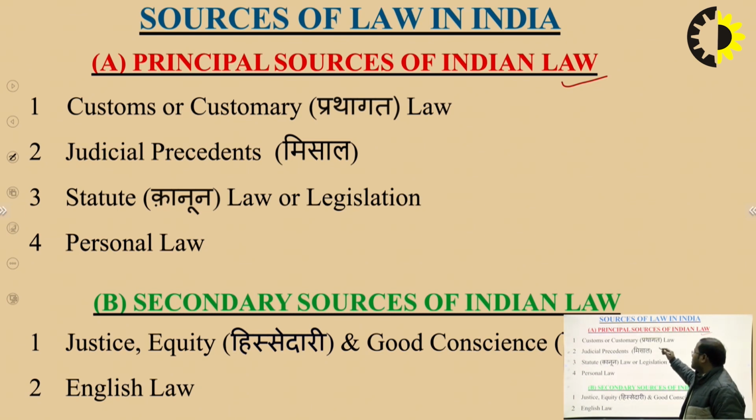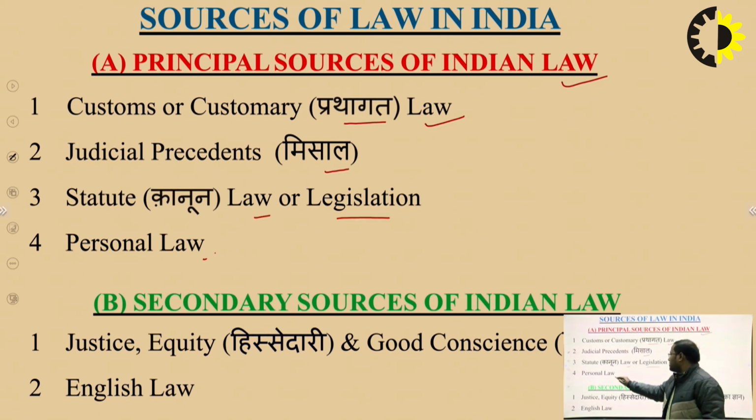First is customs law, also called customary law, in Hindi it is called prathagat. Then judicial precedents, misal in Hindi; statute law or legislation; and personal law. In case of secondary sources of law in India, there are justice, equity or good conscience, and another one is English law.